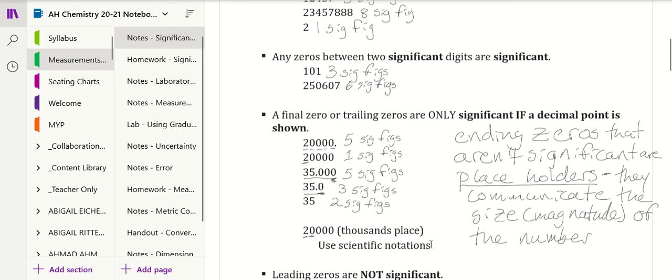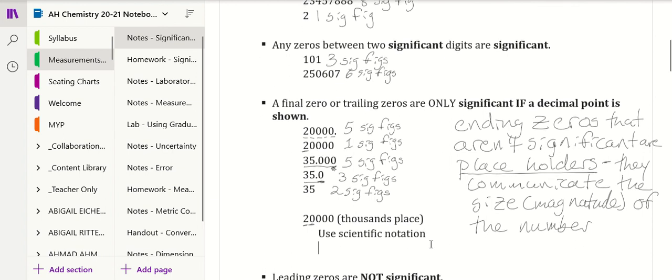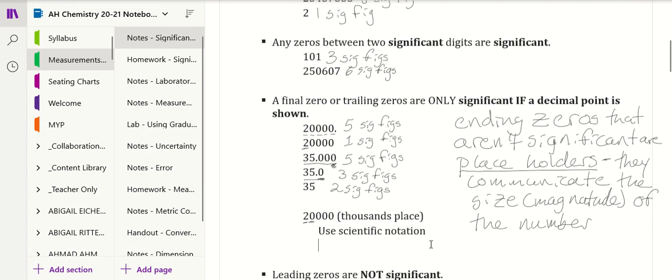Does anyone know what that means? What is scientific notation? You use a multiple of 10, right, to tell how many times you'd multiply a number by 10 to get back to your original number.